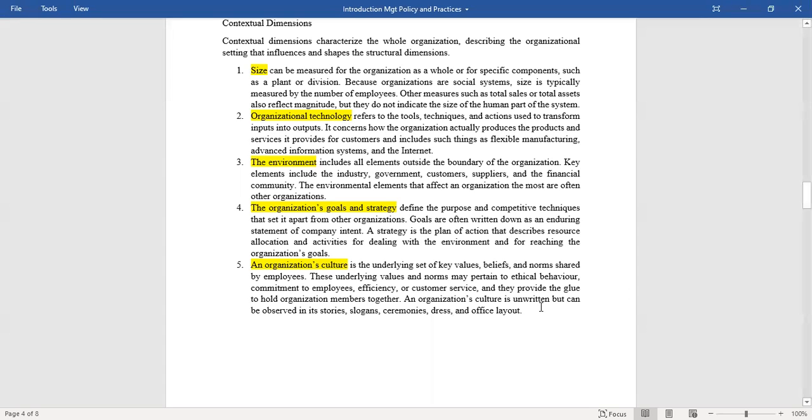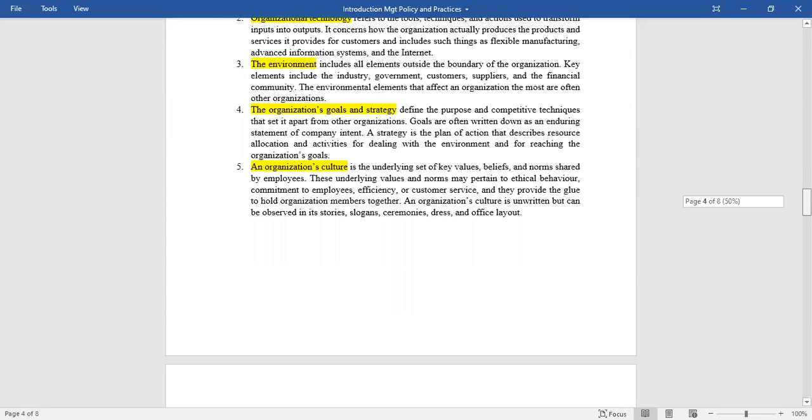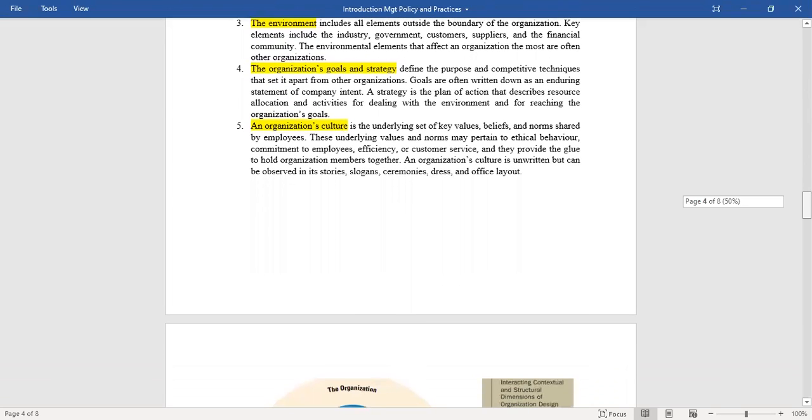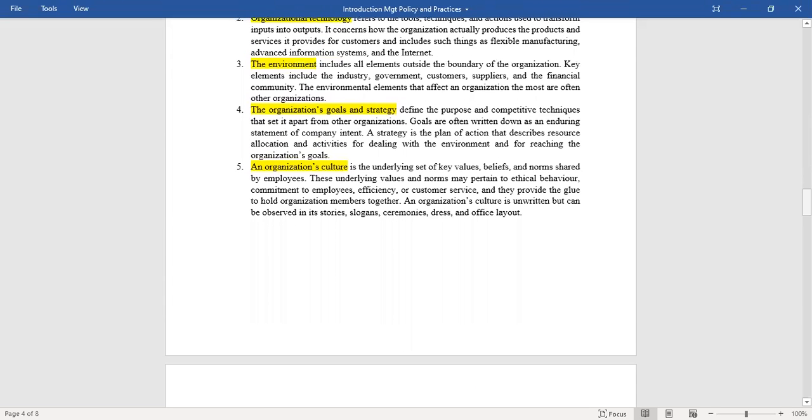The founders of the organization, generally, they are the ones who bring themselves to the culture of the organization, right? And it is impacted by the culture in which the organization was initially started, right? It has an impact even when it goes global. That culture tends to remain with it to some extent, the beliefs and the norms, but this culture then adapts when the organization becomes a global organization, and it has to operate in different cultures.